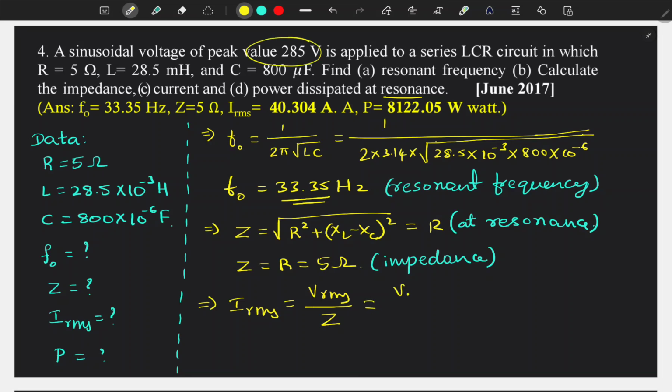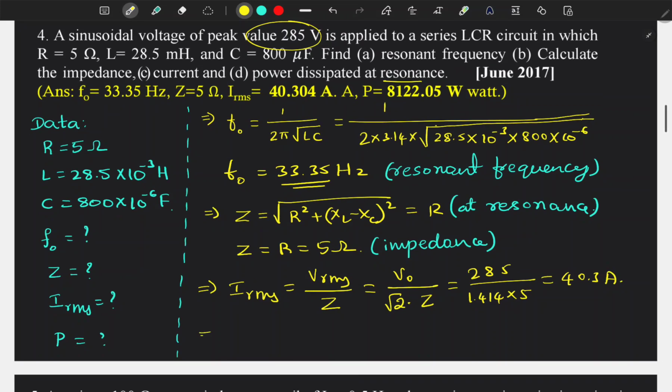So VRMS is given by V0 by root 2, divided by Z. So that is equal to V0 is 285, root 2 value is 1.414, into Z value is 5. If you solve this, you will get around 40.3 ampere. That is the RMS value of current.